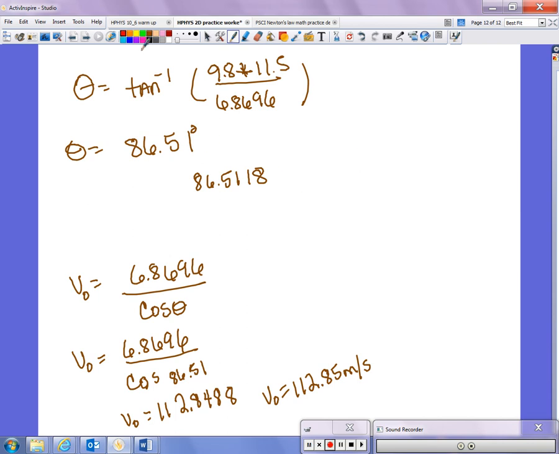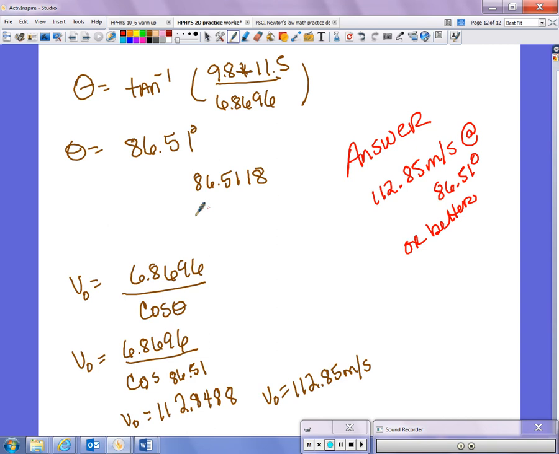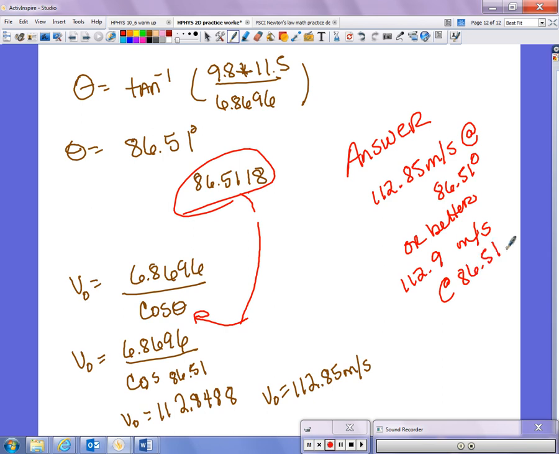So our answer here is 112.85 meters per second at 86.51 degrees, or better, if we were really careful about using this value in here, then you would have gotten 112.9 meters per second at 86.51 degrees.